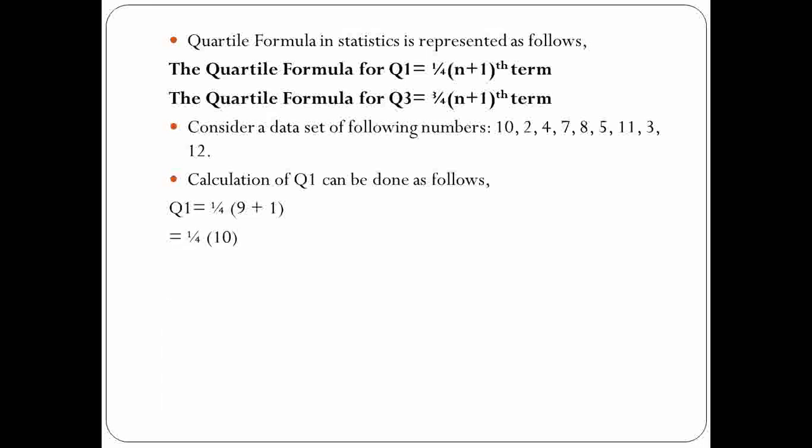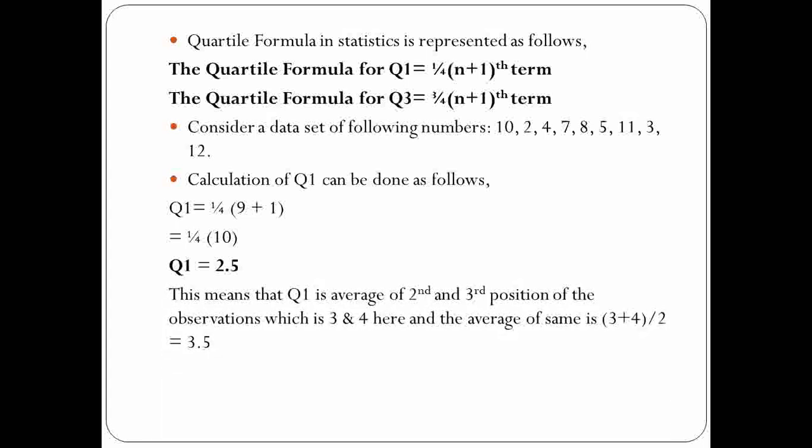Then it's a quarter of 10, which is 2.5. This means that Q1, the lower quartile, is the average of the second and third positions of the ordered observations, which are 3 and 4. The average is 3 plus 4 divided by 2, which is 3.5.